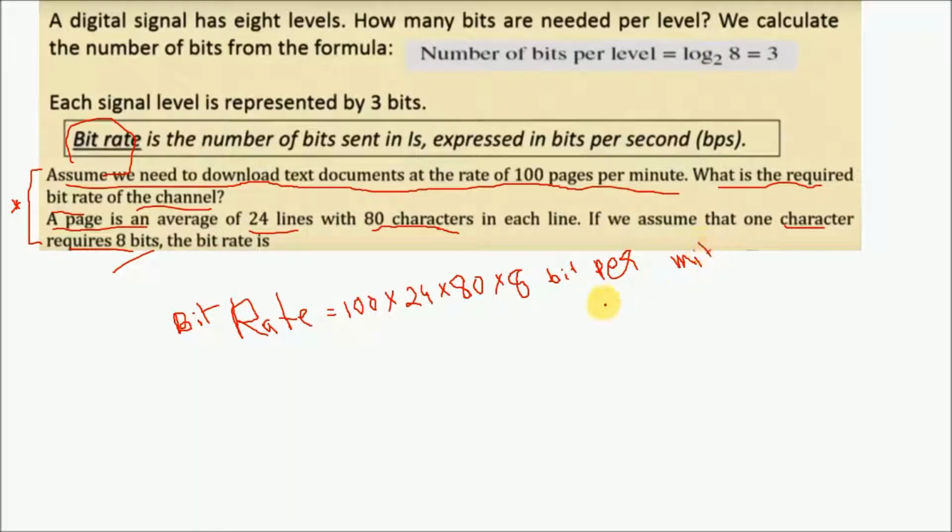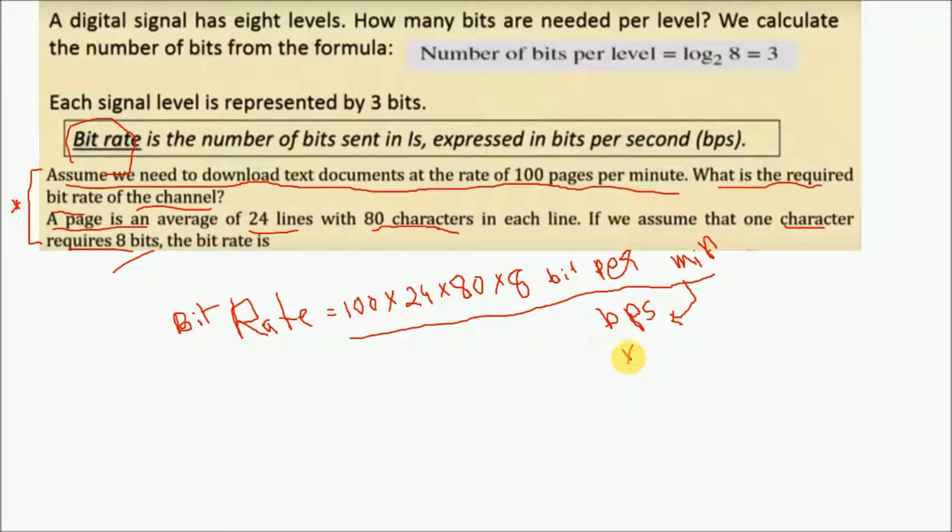But the unit of bit rate is bps. That means we have to find out bits per second. So this number of bits is transmitted per minute, and you have to convert it into bps, bits per second.